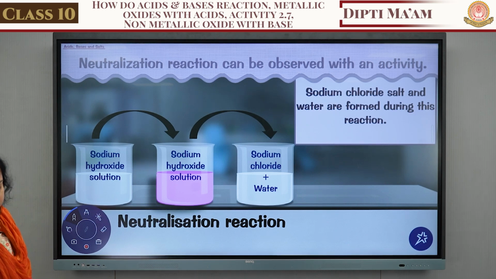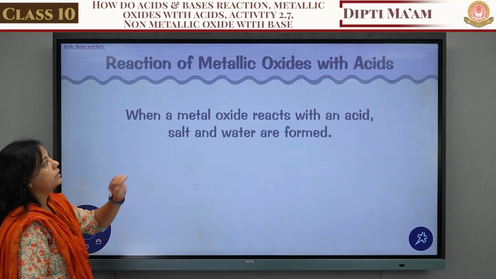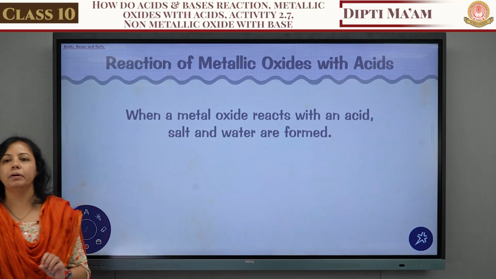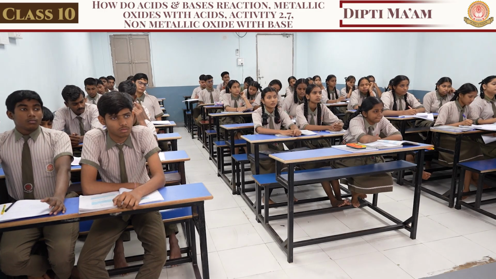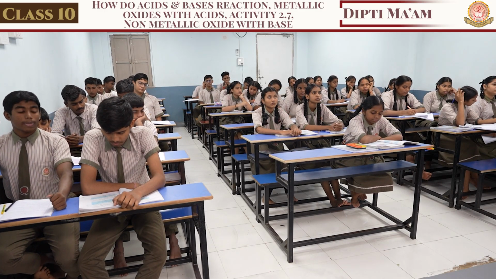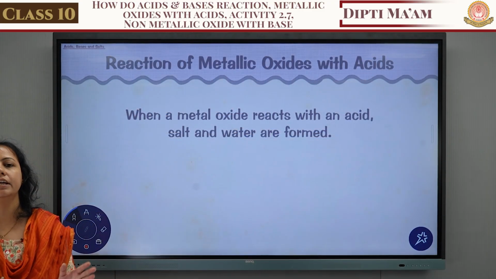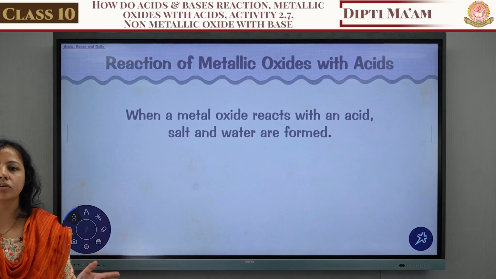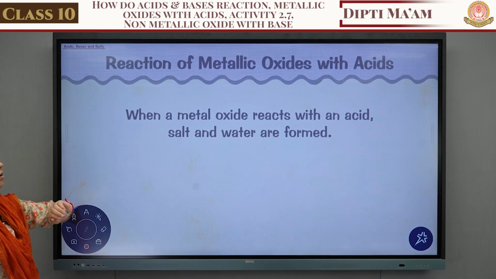Now the next thing is the reaction of metallic oxide with acid. What is the meaning of metallic oxide? How are metallic oxides formed? When any metal reacts with oxygen, it forms the oxide.